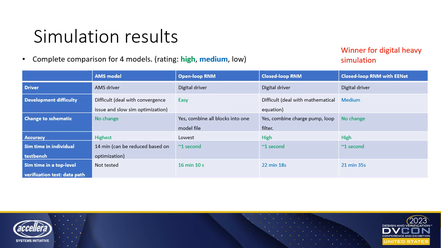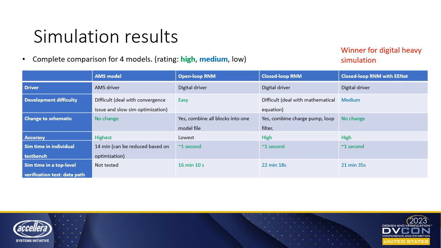For the driver type, the AMS model is using the AMS driver, and the other real-time models are using the digital driver. The AMS model is difficult to develop due to the conversion issue and the slow simulation optimization. The closed-loop real-time model is also difficult as we need to deal with mathematical equations. The other 2 are comparatively easier. The AMS model and the ENet model don't need us to change the schematic, which means we can truly verify the connectivity of some modules.